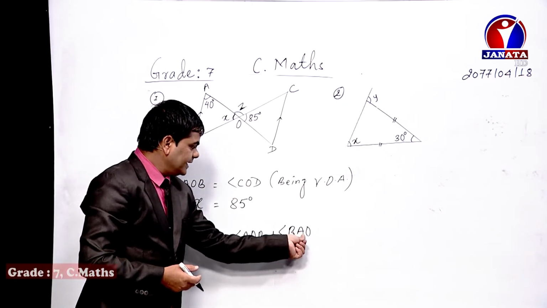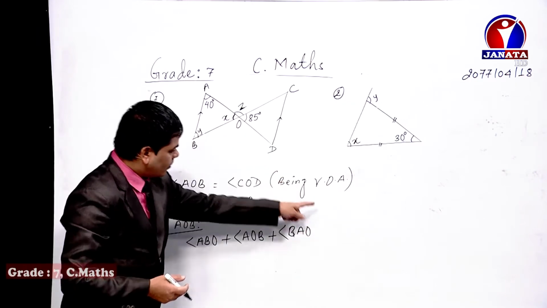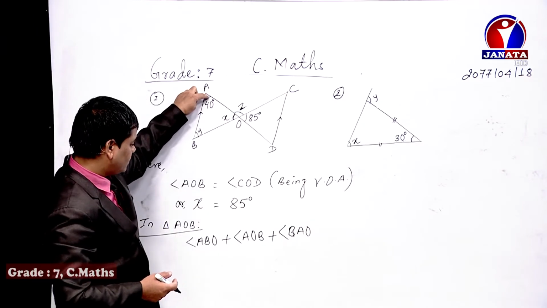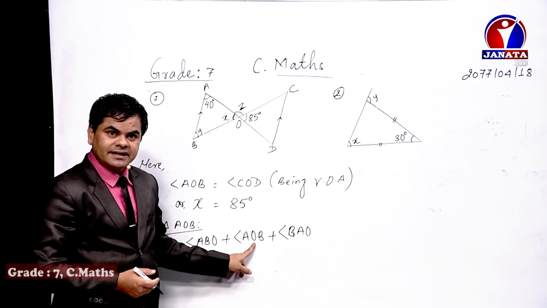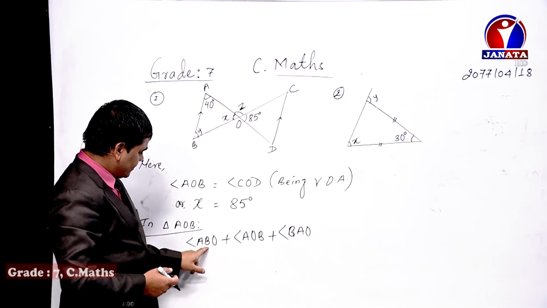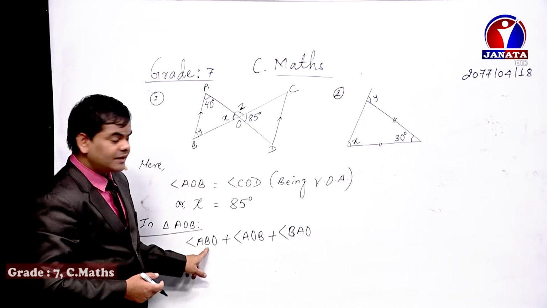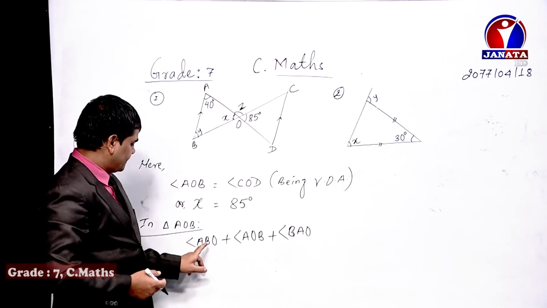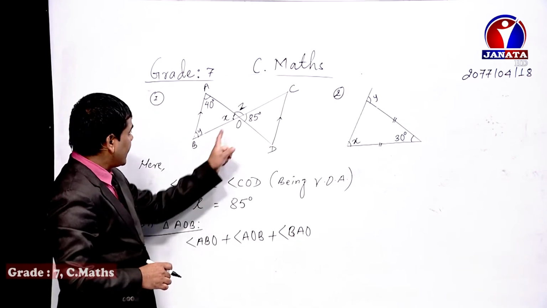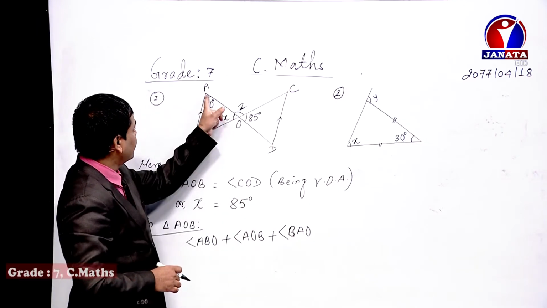Look here: A in the middle means angle A, altogether this angle represents this value. And here O is in the middle, so we are denoting this angle. And here B is in the middle, so it means angle B. Altogether angle B is here, angle O is here, and angle A is here.